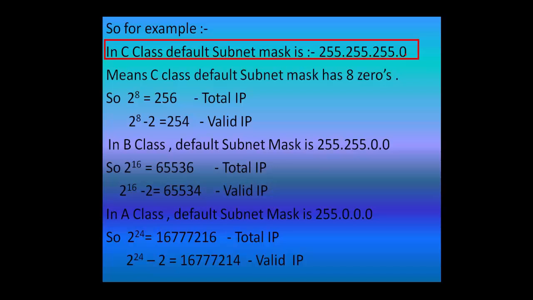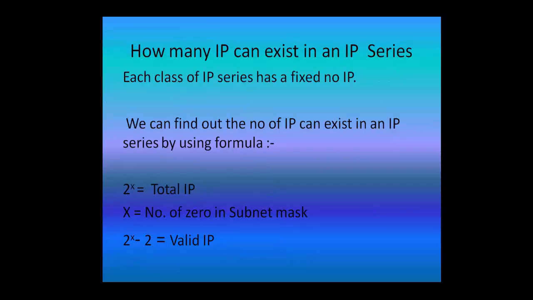If we convert to binary, there are 8 zeros available. So the formula was 2 raised to power x. X was the number of 0s in a subnet mask. Clear?